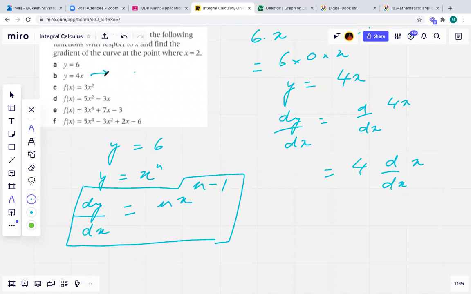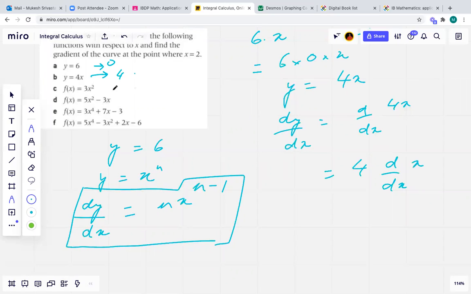Derivative of 3x squared: 2 is coming down, so 3 times 2, it will be 6x. And the derivative of 5x squared minus 3x: 2 comes down, so 10x minus 3.